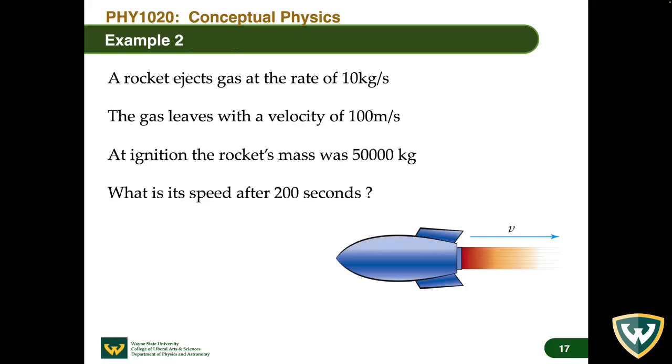We saw that the rocket is ejecting gas at a rate of 10 kilograms per second. So each second that passes by, the rocket ejects 10 kilograms. And in 200 seconds, the rocket will eject 200 times 10 kilograms.